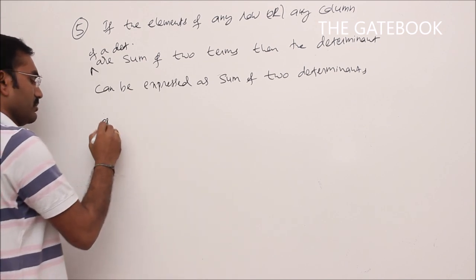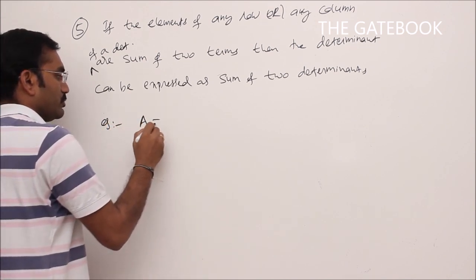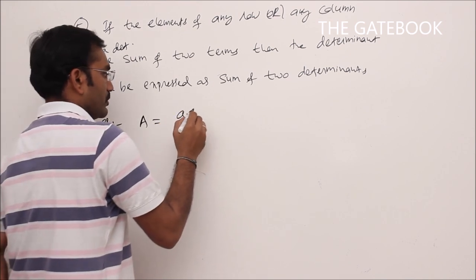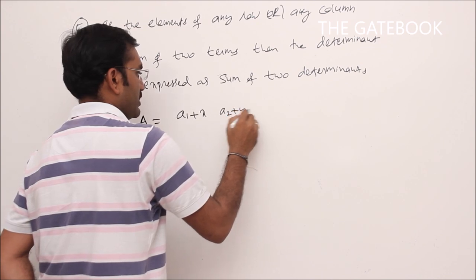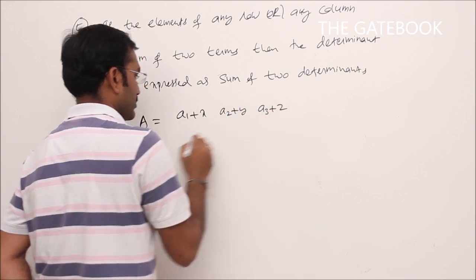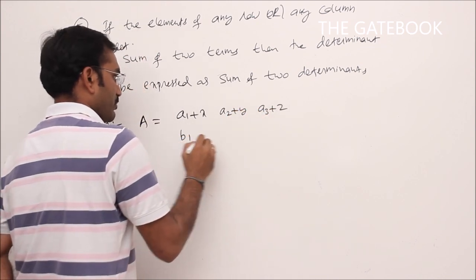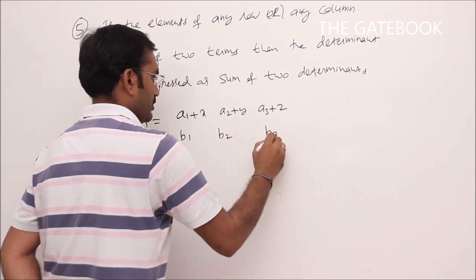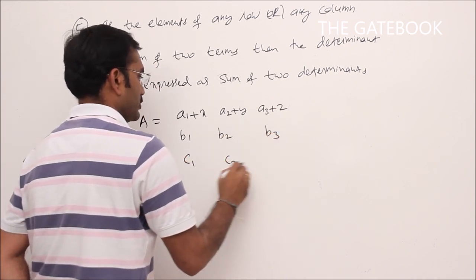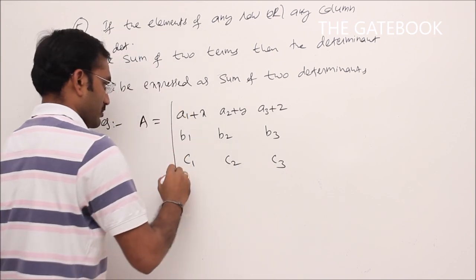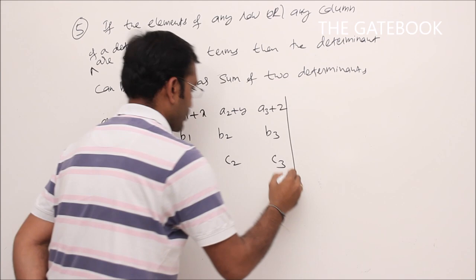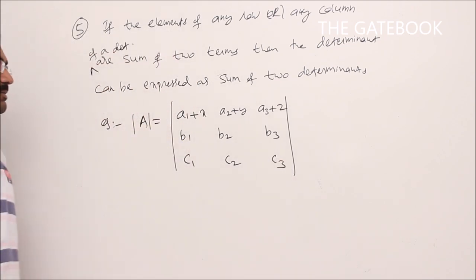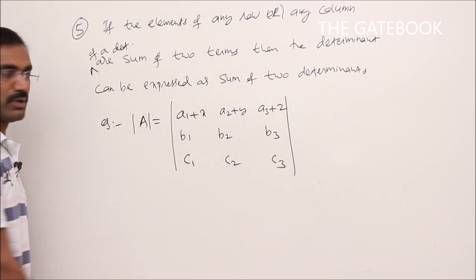For example, suppose A is equal to A1 plus X, A2 plus Y, A3 plus Z, B1, B2, B3, C1, C2, C3. Let us say the determinant of A with elements A1 plus X, A2 plus Y, A3 plus Z, and so on.